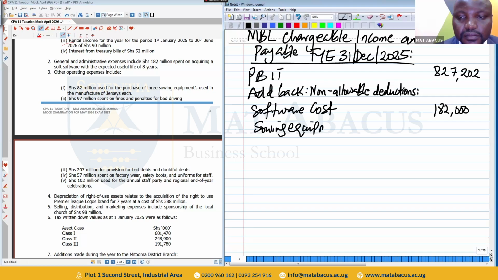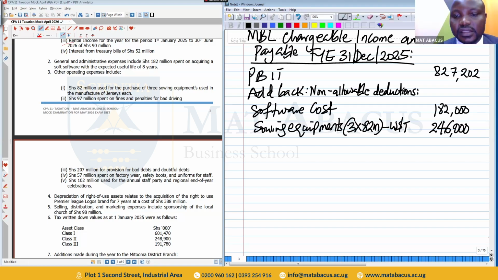There are 3, so it is 3 times 82 million, you get 246 million. 246 million is disallowed. So this will be taken to the wear and tear schedule, given that it is capital equipment.